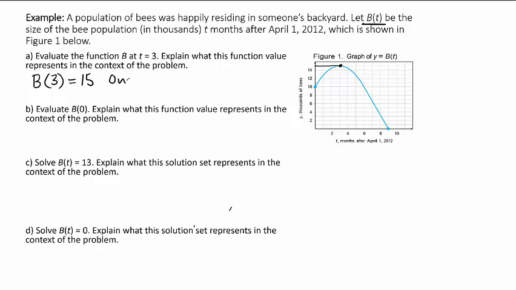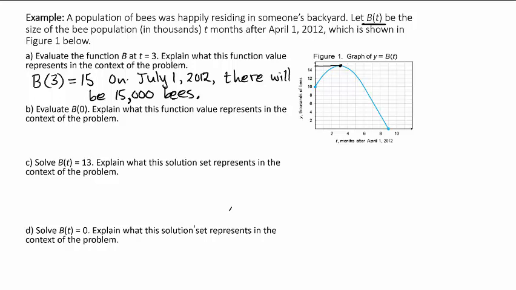So on July 1st, 2012, there will be 15,000 bees in the backyard, right?